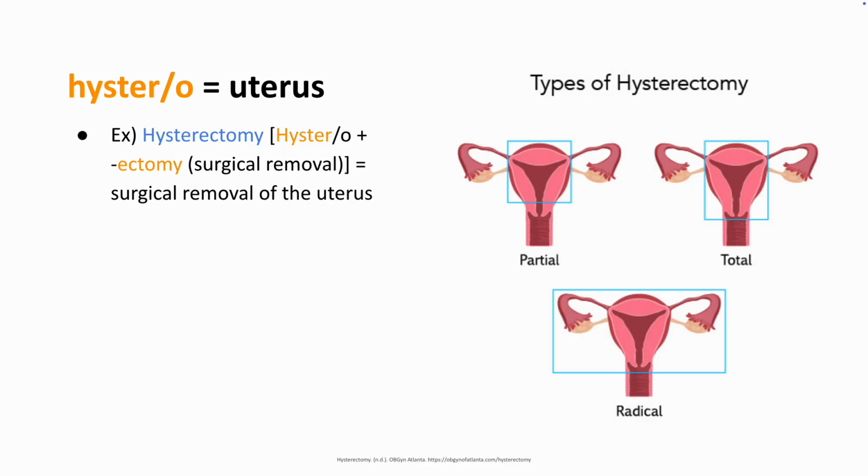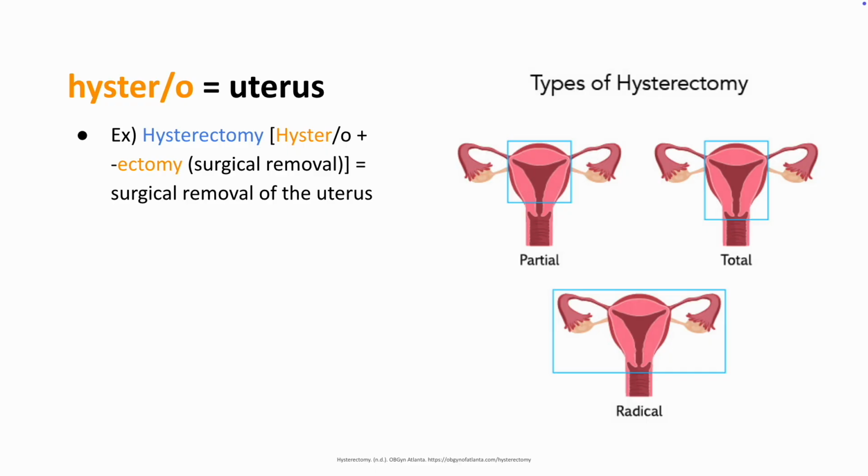Hystero is a combining form that means uterus. And one example is hysterectomy, which is a very common surgery done if you have cancer in your uterus or in your female reproductive system. So hystero plus suffix ectomy, surgical removal of something.